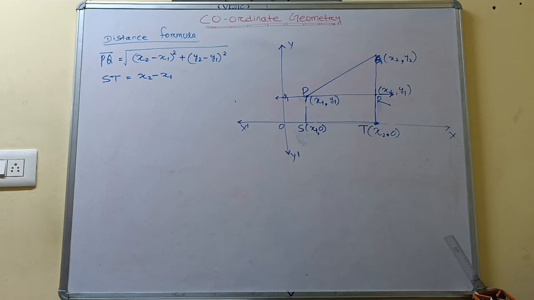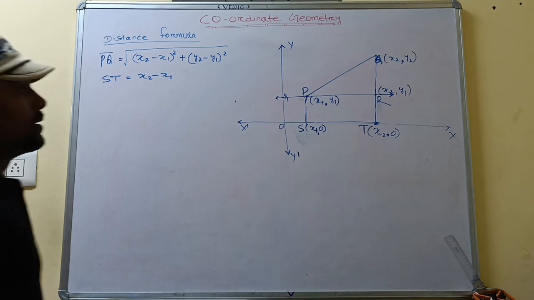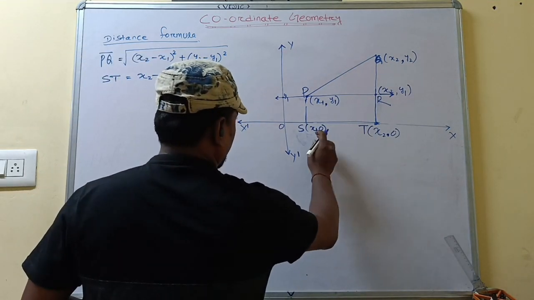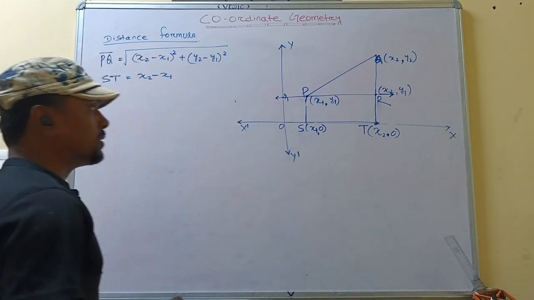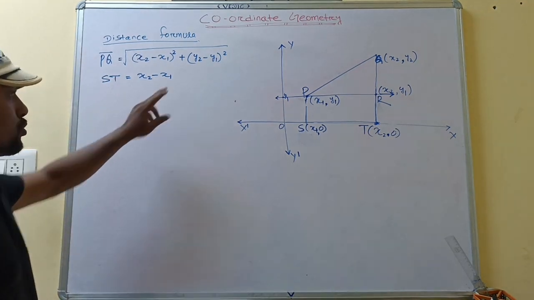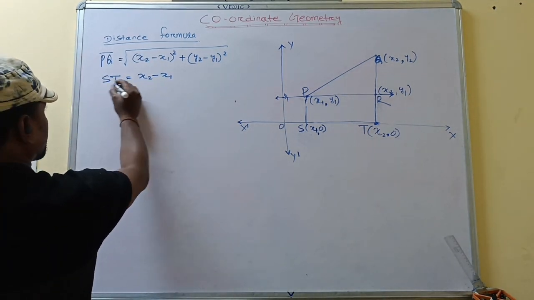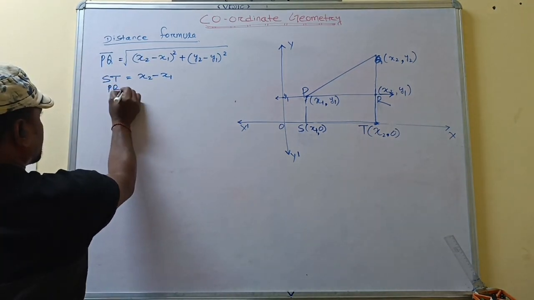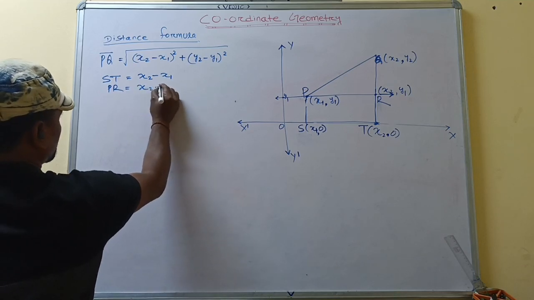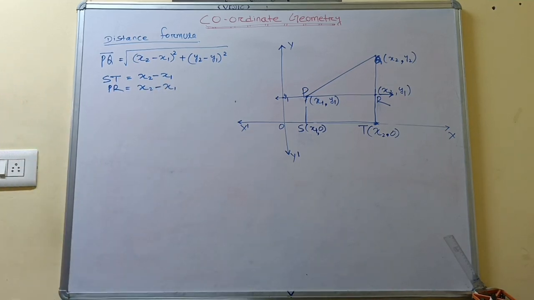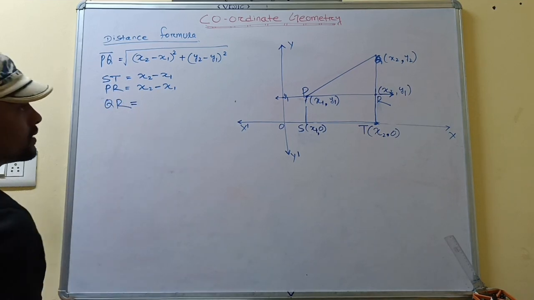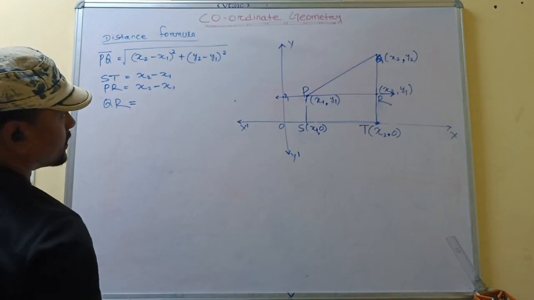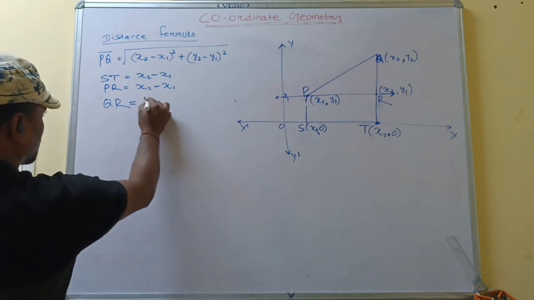So we subtract the smaller abscissa from the bigger abscissa. Distance means bigger minus smaller. So it is x2 minus x1. So we can write PR is equal to x2 minus x1. Similarly, QR is equal to y2 minus y1.